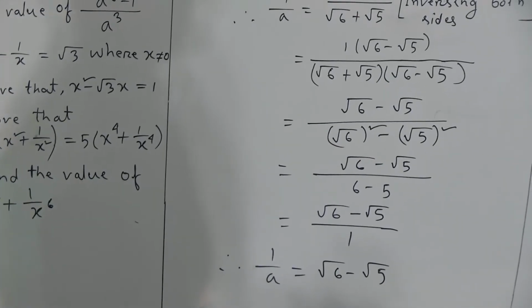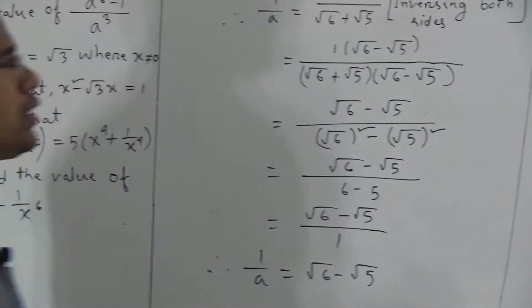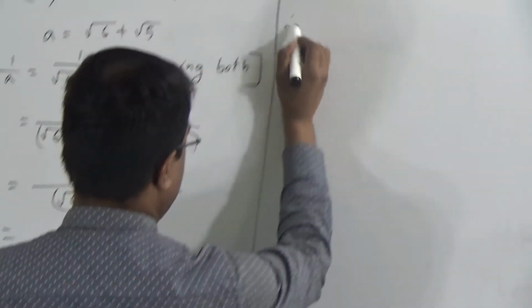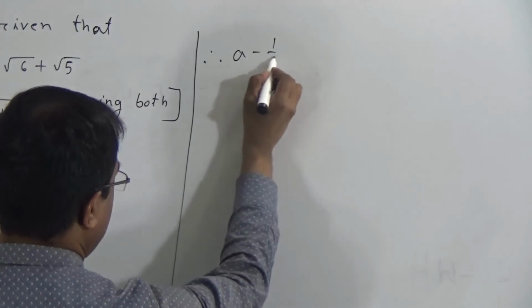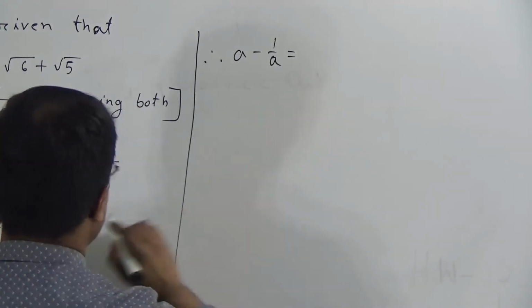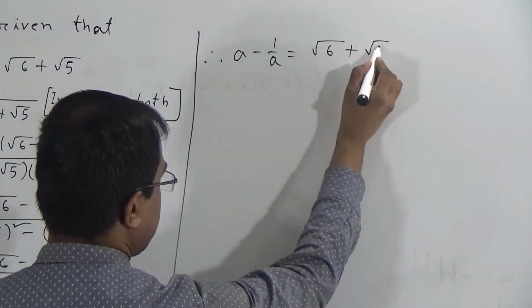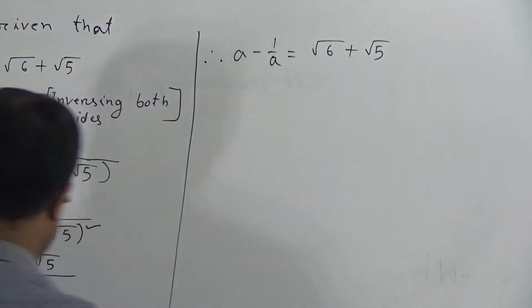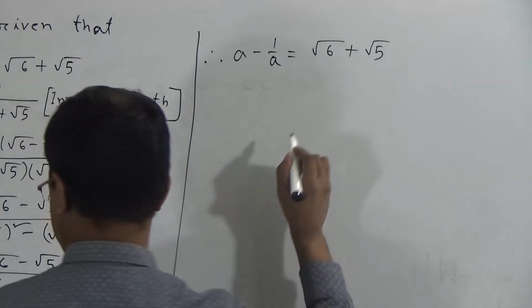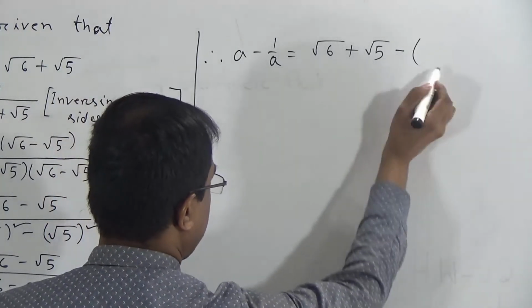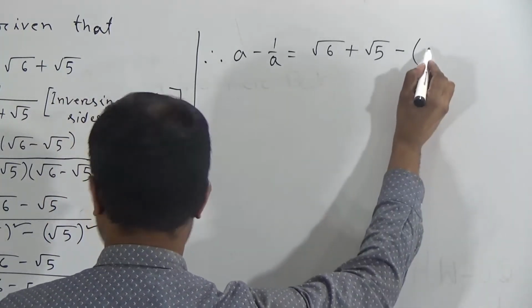Now we can easily find the value of a minus 1 by a. Therefore, a minus 1 by a is equal to, the value of a is root 6 plus root 5, minus the value of 1 by a, which is root 6 minus root 5.